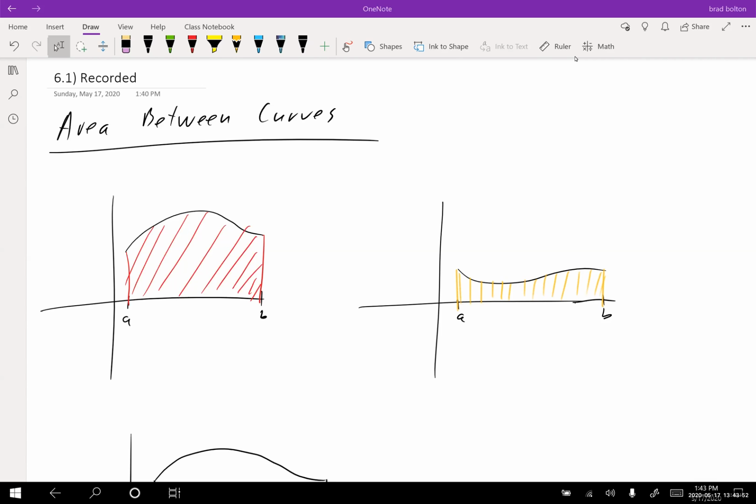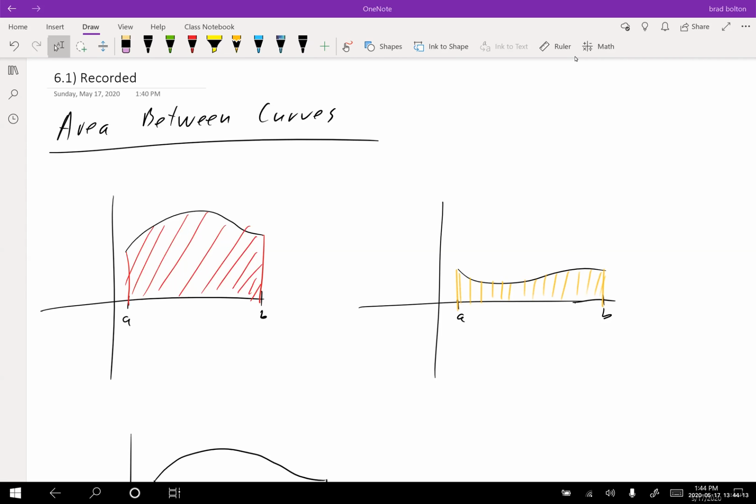So this is an application of what the definite integral can do for you, not the fundamental theorem of calculus. Remember, the integral itself means basically find the antiderivative. However, the definite integral means find the area between the curve and the x-axis.